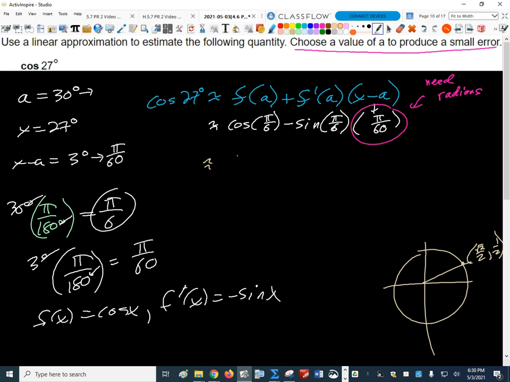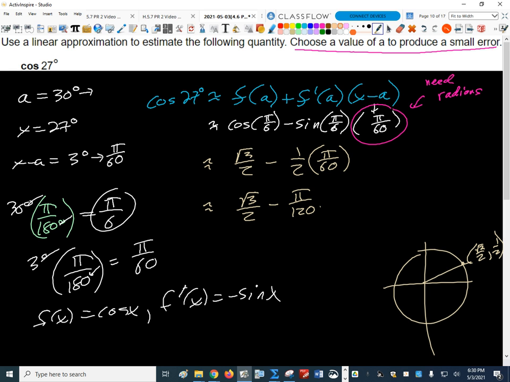So we're getting square root of 3 over 2 minus sine of pi 6, which is 1/2, times pi over 60. So then what's that give us? It gives us square root of 3 over 2 minus pi over 120. Okay, and that's a good approximation.